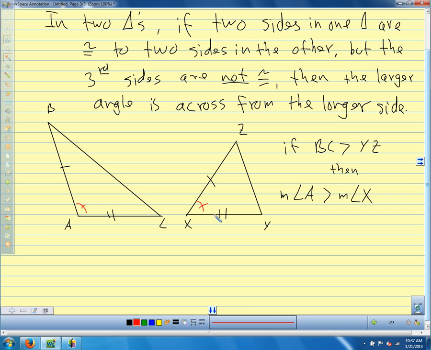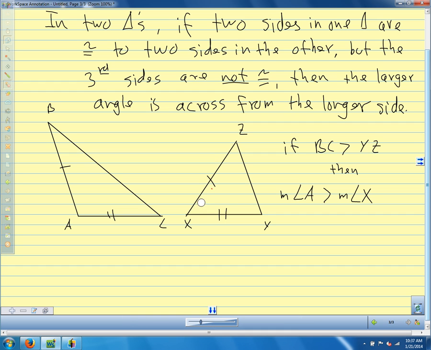They have to be congruent. Well, if the two triangles are congruent, what do we know about these sides? They have to be congruent by CPCTC. Well, if segment BC is congruent to segment ZY, then we have a contradiction because we're told that segment BC is bigger. So that doesn't work. So that's how we would do that part of the indirect.